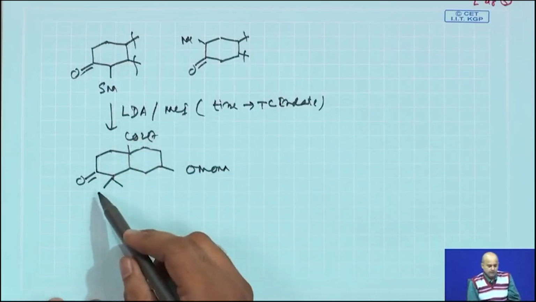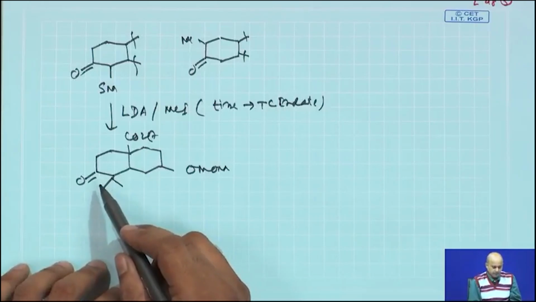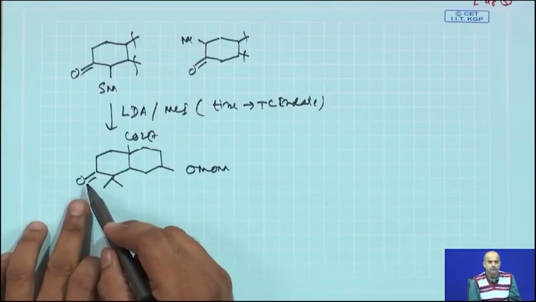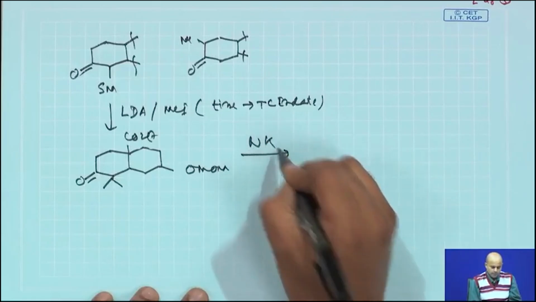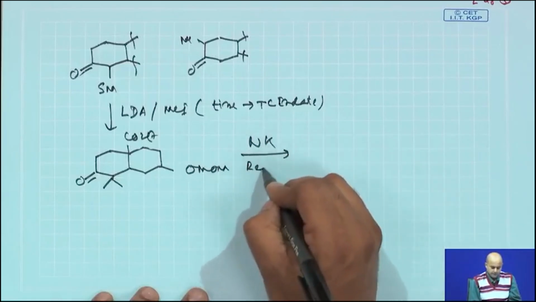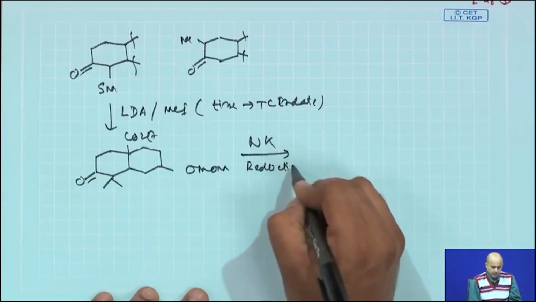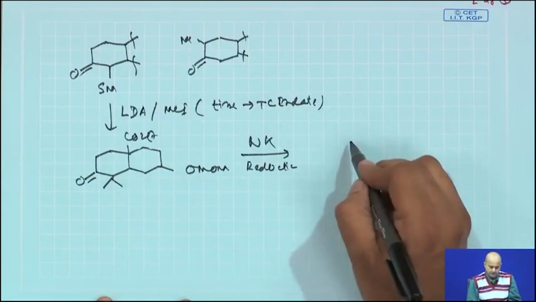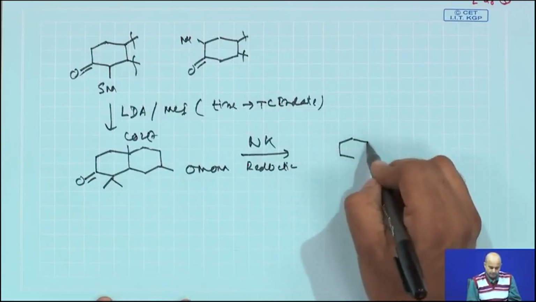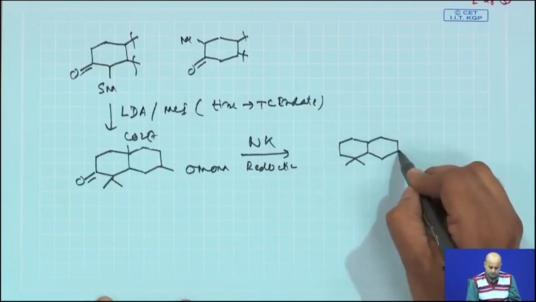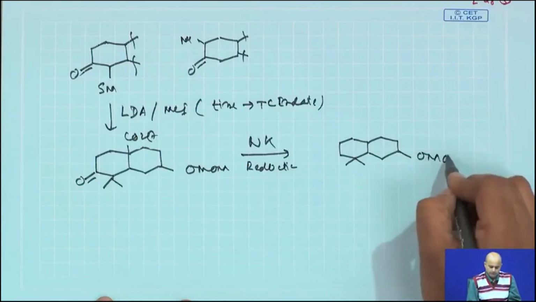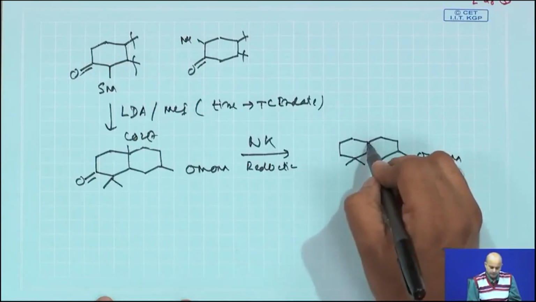Now, in reality, in the final product you do not need this carbonyl group. So, what do you simply do? You do a Wolff-Kishner reduction. So, this carbonyl is now acting as a redundant functionality. Your O-MOM remains here.